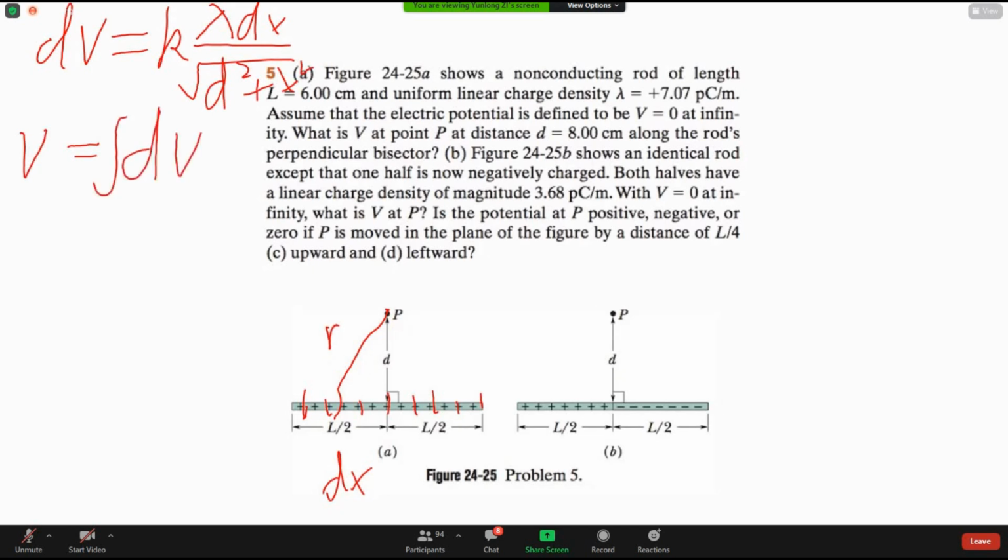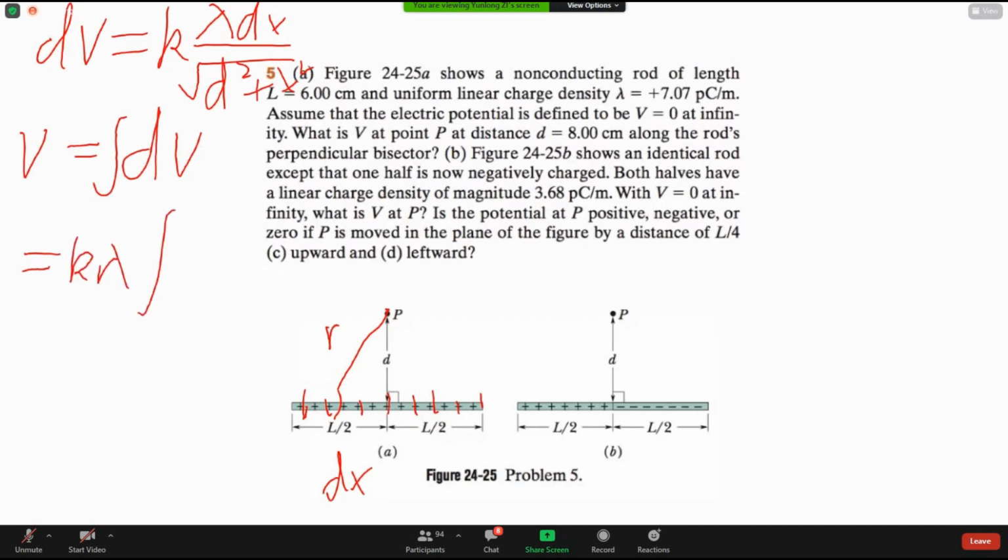The very good thing is that for the potential, we don't need to consider the direction issue, right? It's a scalar. But you still need to pay attention to its range. So first let's take out the constants.